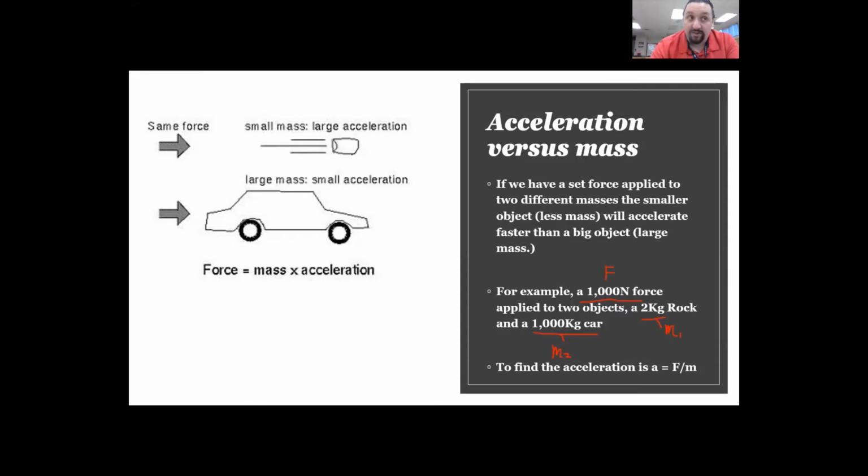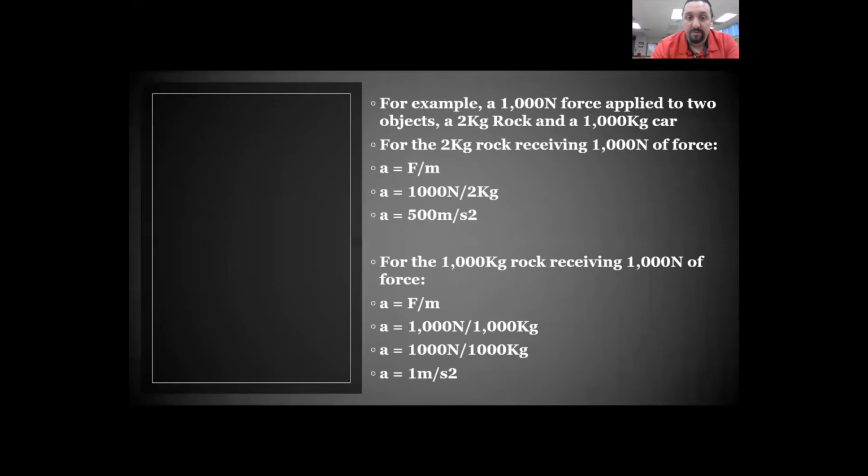We're going to be using the 1,000 newtons of force, and we'll be replacing the mass in the equation with either our rock or our car. So once again, we have 1,000 newtons of force, and we're going to apply it to our 2-kilogram rock.